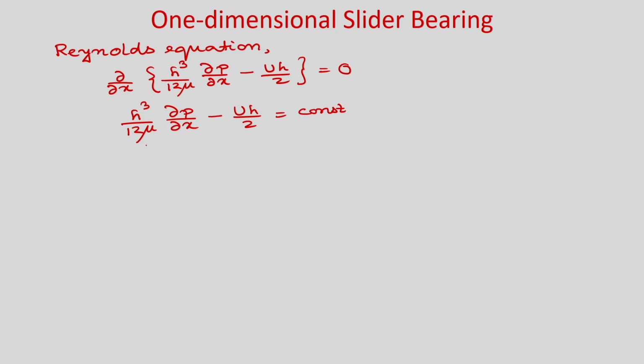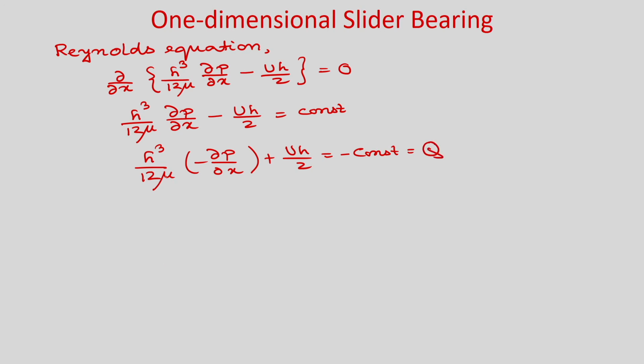Or if you modify it, if you multiply both sides with a negative sign, then you can write h cube by 12 mu minus del p by del x plus u h by 2 is equal to minus constant, and you can see this is nothing but the volumetric flow rate which we have derived. So, it is q.